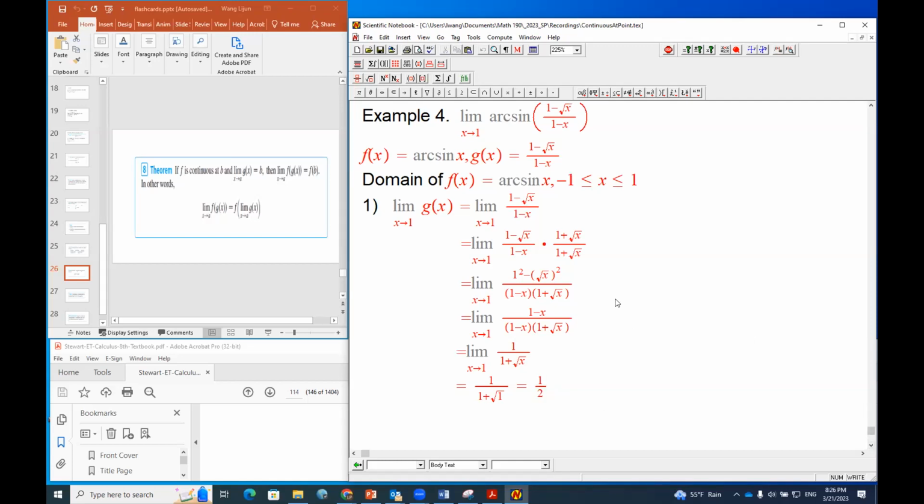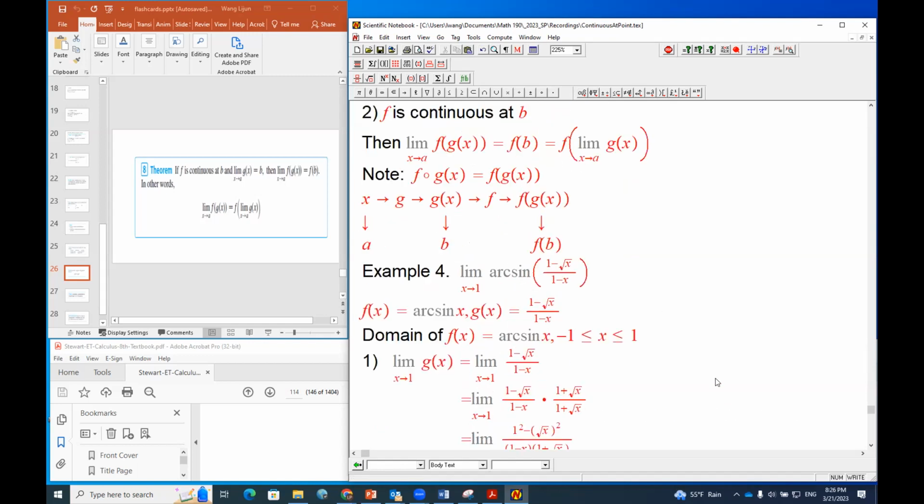So now, theorem number 7 guarantees arcsine is continuous in its domain, which is x between -1 and +1.